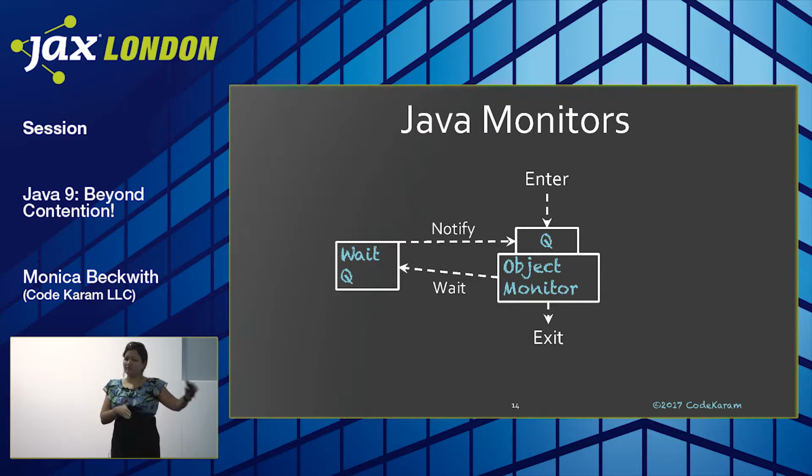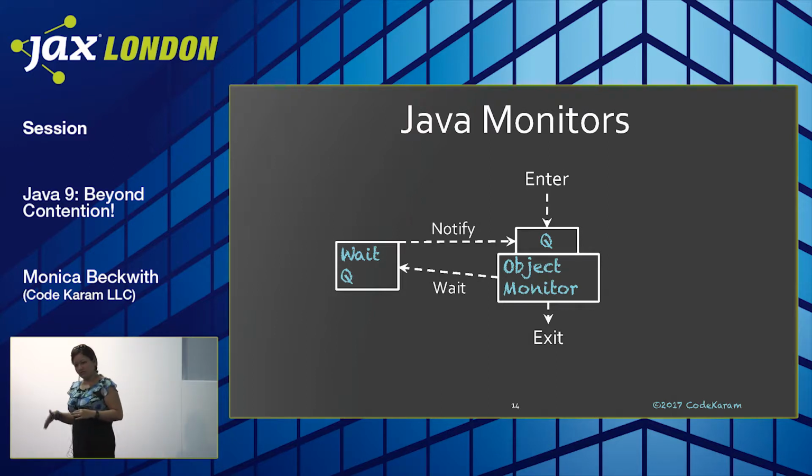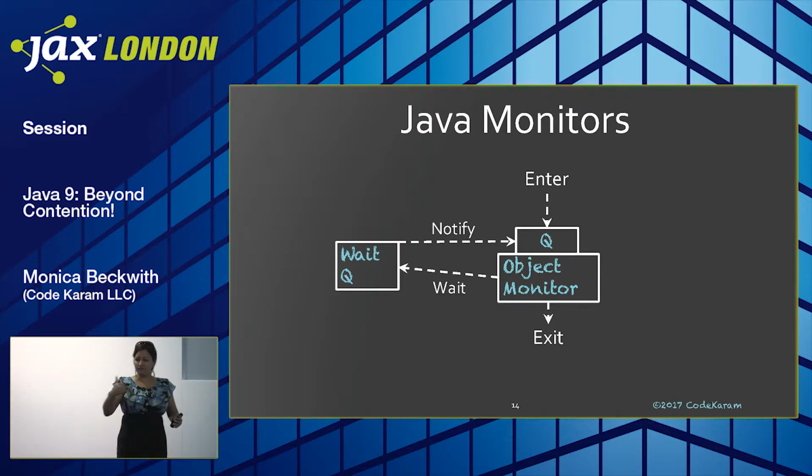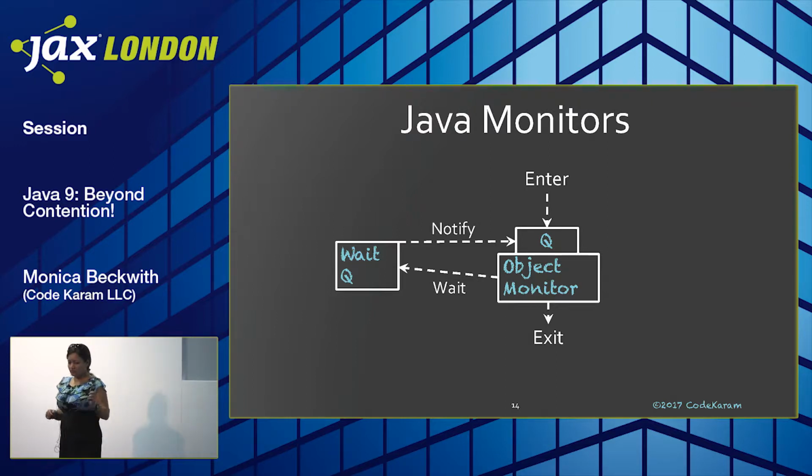So they go and sit in the wait queue. When the current thread is done with its object monitor work, it'll say notify, which means go ahead and release it, and then the next thread can acquire the lock. So that's how it looks when it's contended.